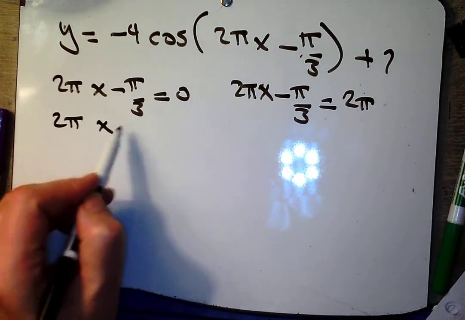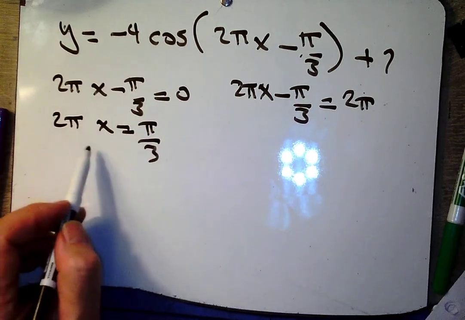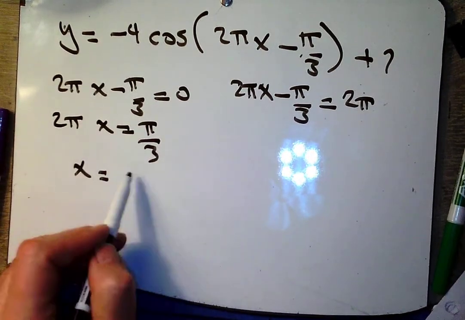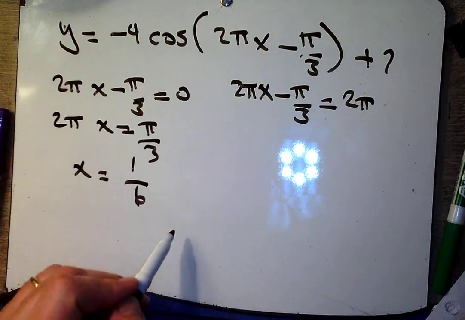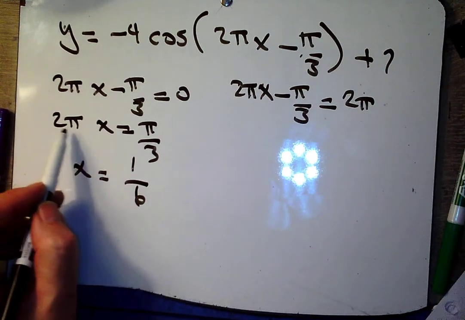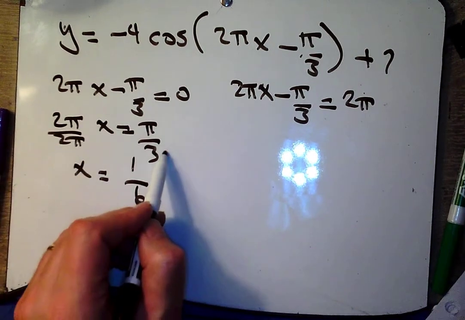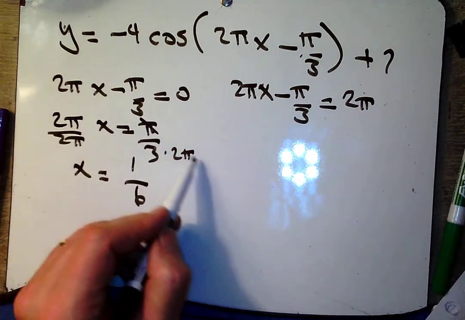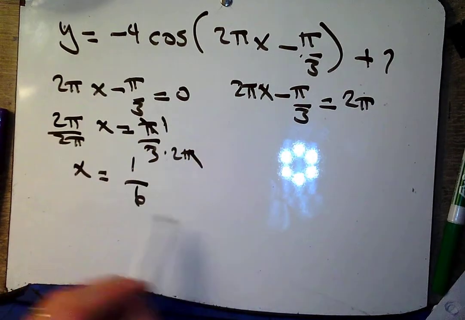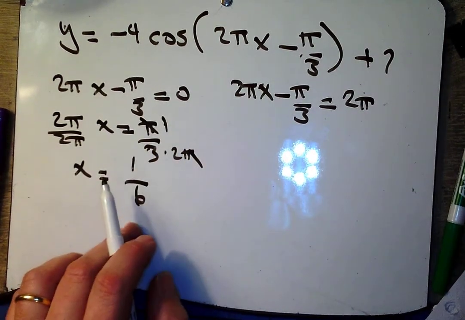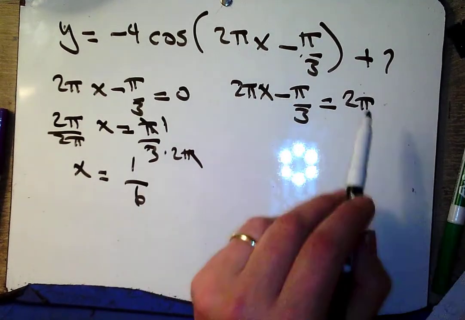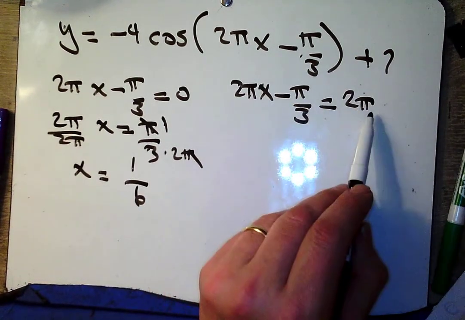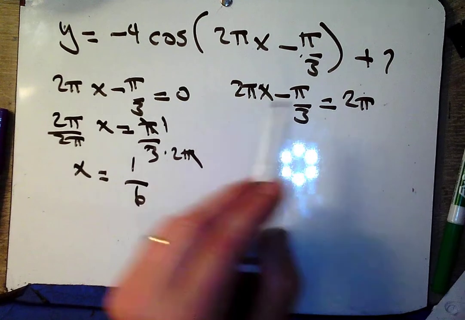2 pi x equals pi over 3. And so x equals 1/6. Why 1/6? Well, I'm going to divide by 2 pi. 1 over 3 times 2 is 1/6. Here, I'm going to add pi over 3 to 6 pi over 3.